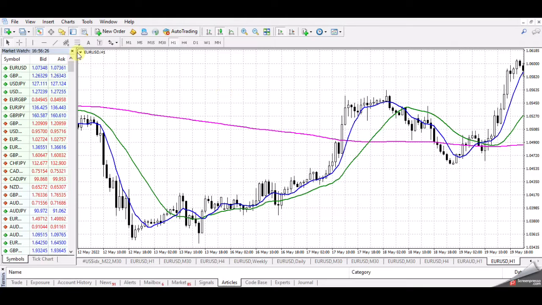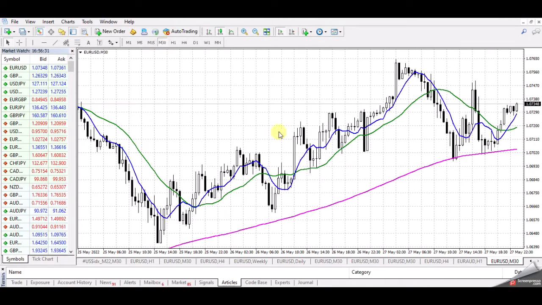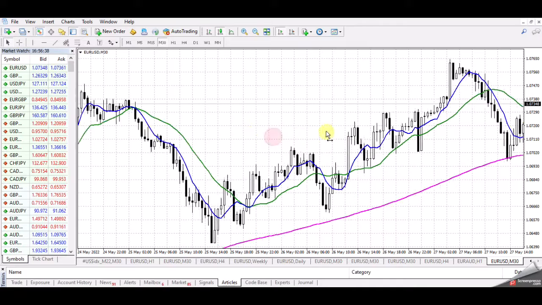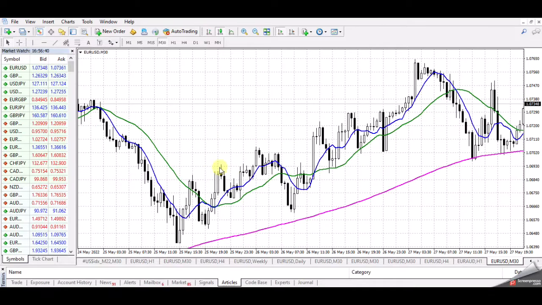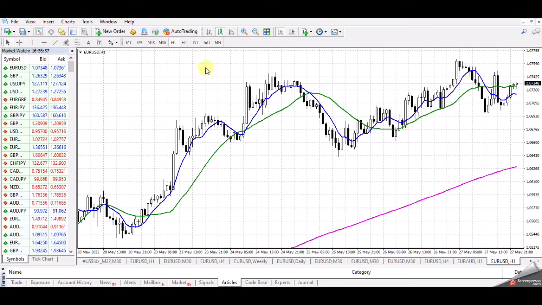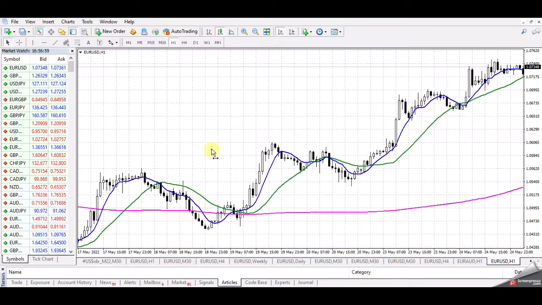We are here in the hourly chart time frame, but it is the same if we look at the 35 minutes chart time frame. Here you can see how the trend is at upside, near the moving average at 200 period. Okay, let's go back to the hourly chart time frame. Take a look.